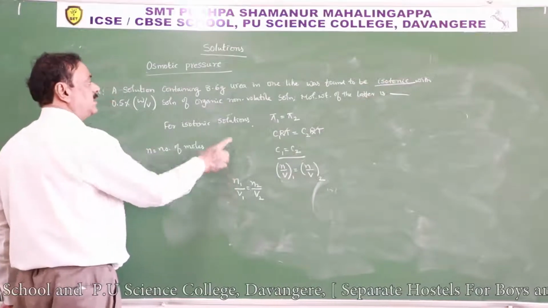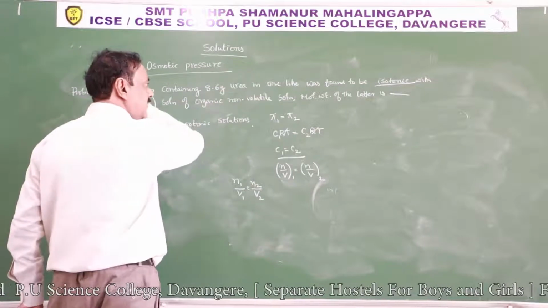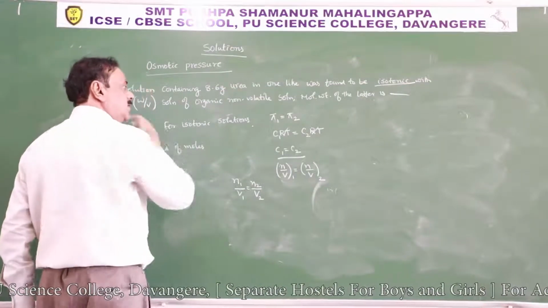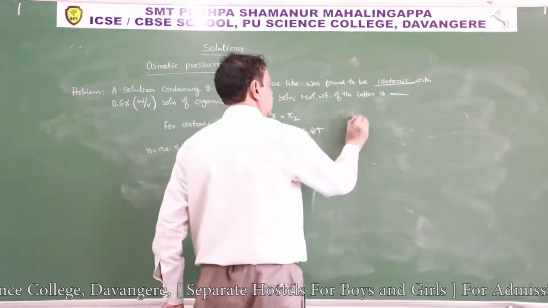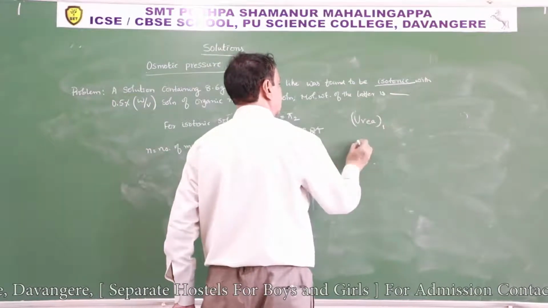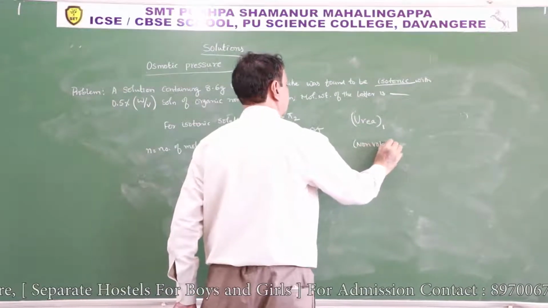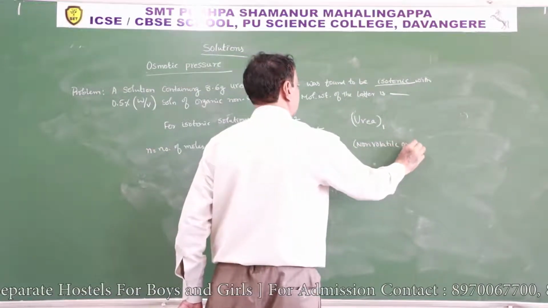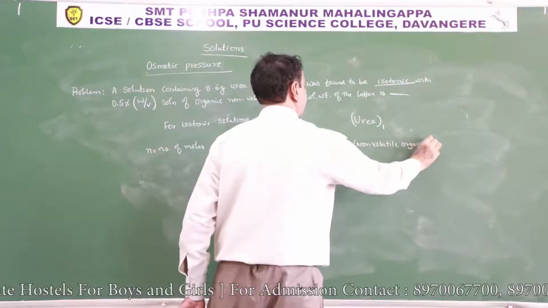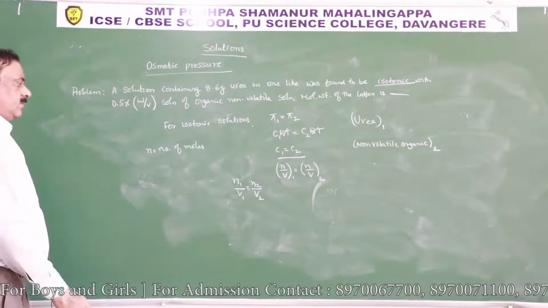Therefore, n1 here corresponds to the solution containing 8.6 gram urea. I will treat urea as 1, and the non-volatile organic as 2.